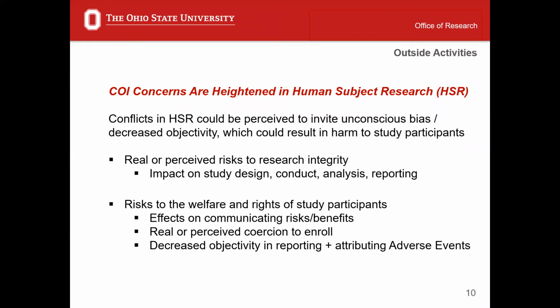And this could include the effects on communicating the risks and benefits to participating in the study, or a real or perceived feeling of coercion for a participant to enroll in the study resulting from the financial interest. And there can also be perceived effects on the reporting and attribution of adverse events when it comes to conflicts.